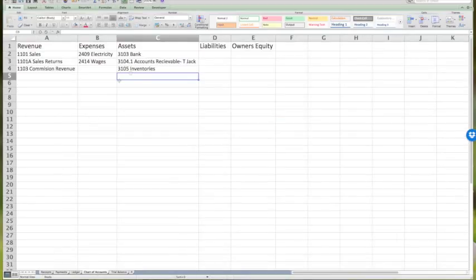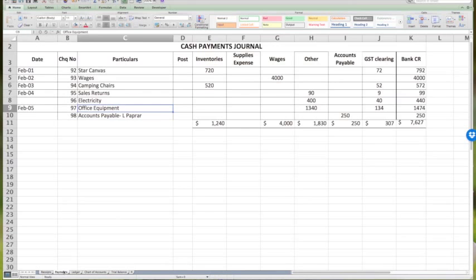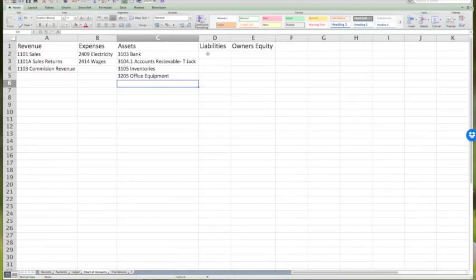So I'll pop that in. Okay, so nothing else from our other column going across, just the office equipment. So we'll move on to our liability accounts now.